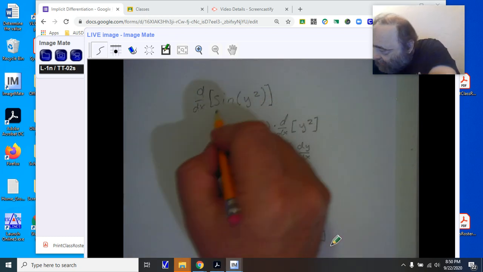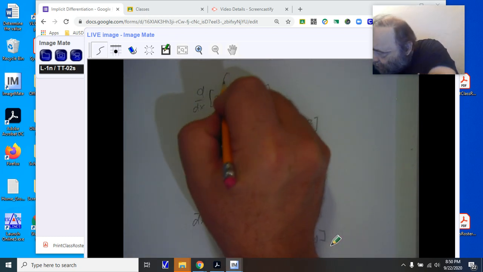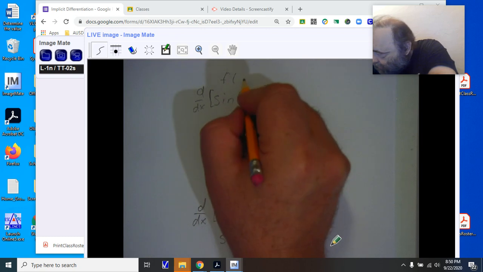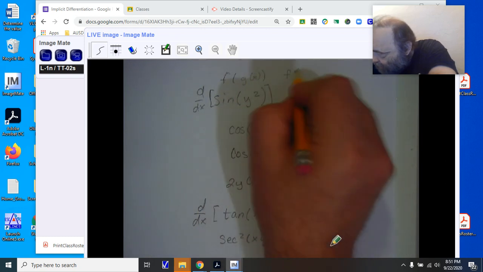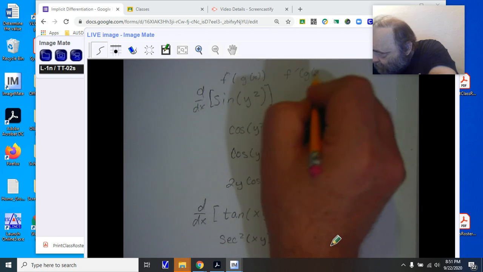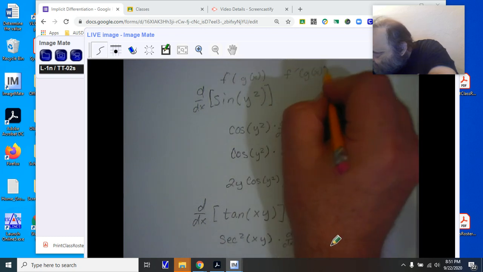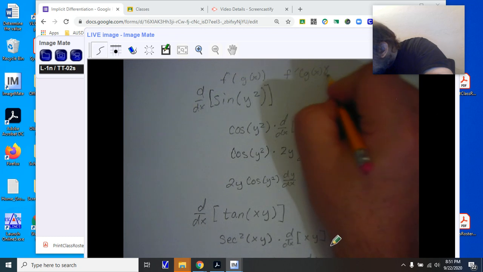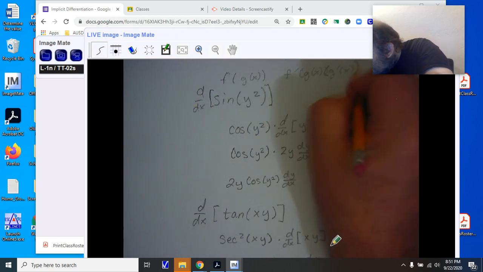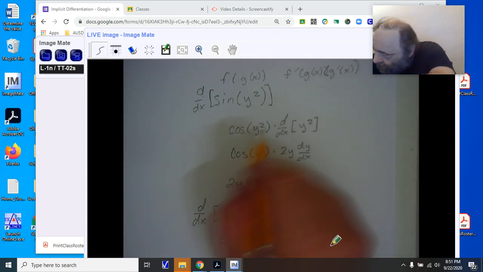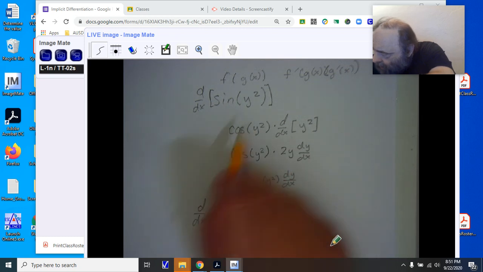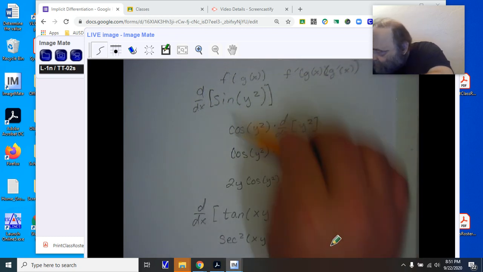We're looking at our f function, then our g of x. Chain rule is f prime g of x times g prime of x. Got too many parentheses there, but hopefully you get the point. So if I'm looking at that as cosine y squared, the cosine came from the sine.